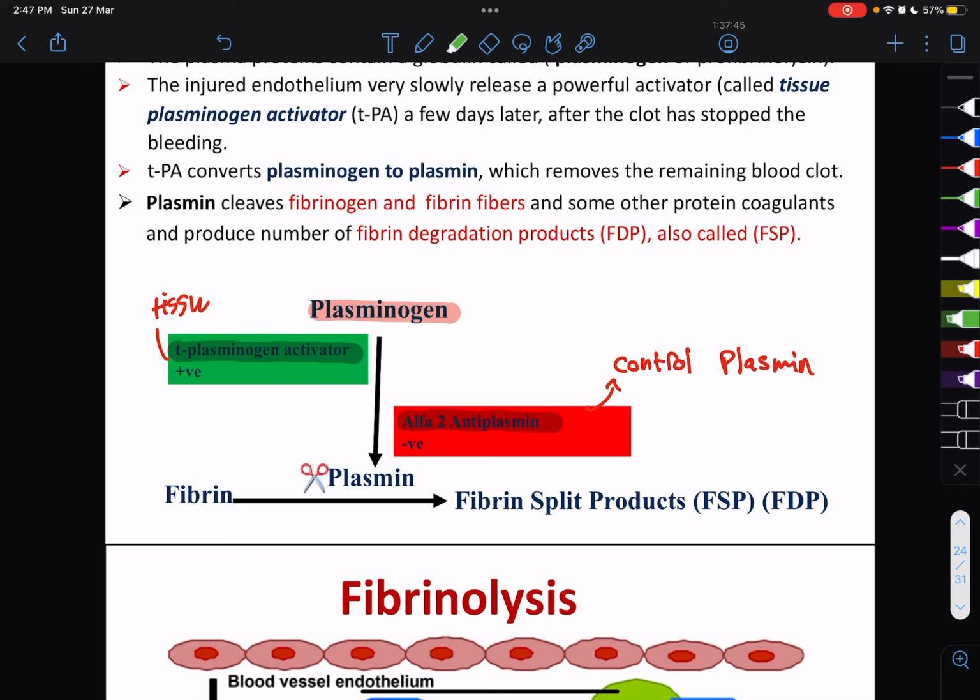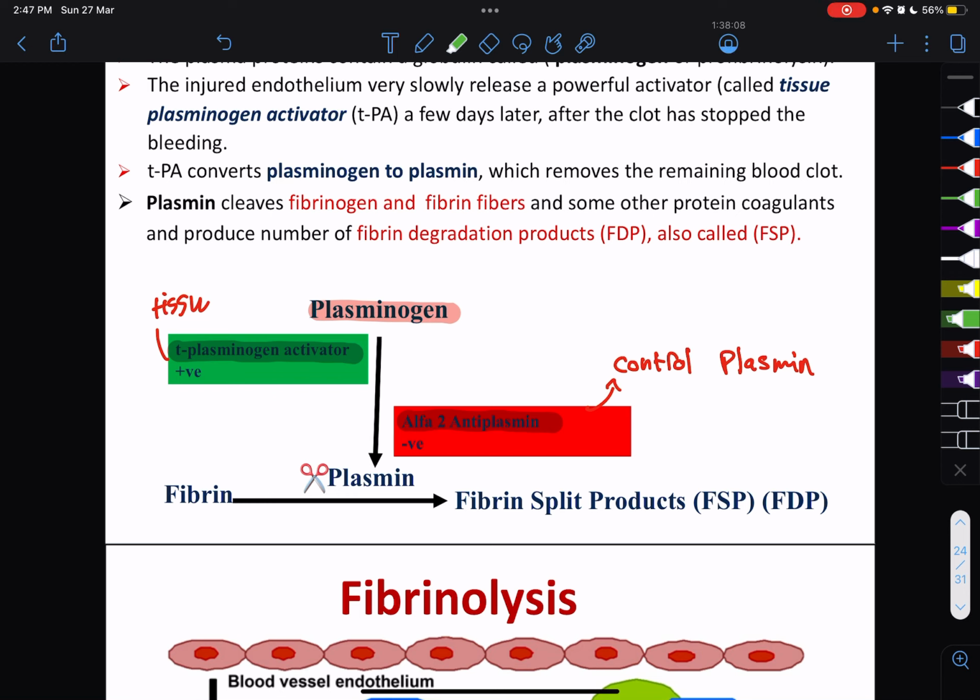The cut portions of the fibrin threads, small pieces of the fibrin threads, are released into the blood. And these are called FDP, that is, fibrin degradation products. They are found in the blood. So after some time of the clotting, FDPs are present in the blood. Yes or no? Yes. Okay?